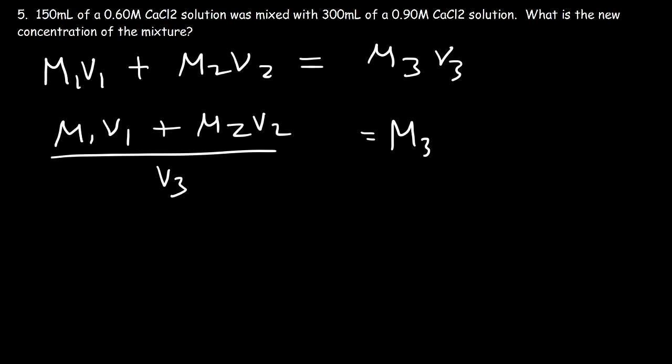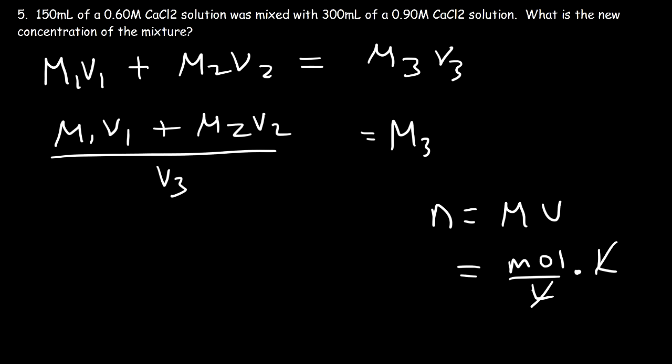I want you to understand how this equation works and what it means. Whenever you multiply molarity by volume, it's going to give you moles. n is equal to CV, or MV. C and M are the same concentration. And you could use the units to help you figure this out. M, the molarity, is defined as the moles per liter. And if you multiply it by the volume with units of liters, this will give you the moles.